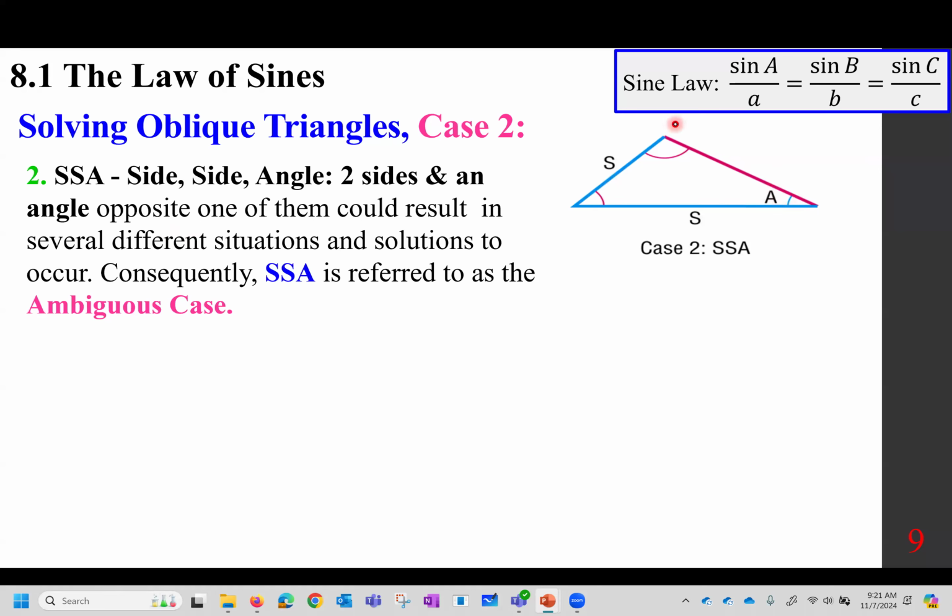This angle is opposite one side. It results in several different situations and solutions to occur. Consequently, SSA is referred to as the ambiguous case, everybody.